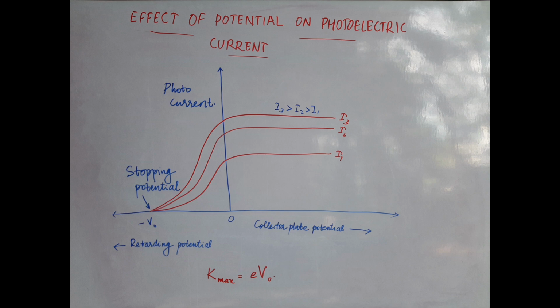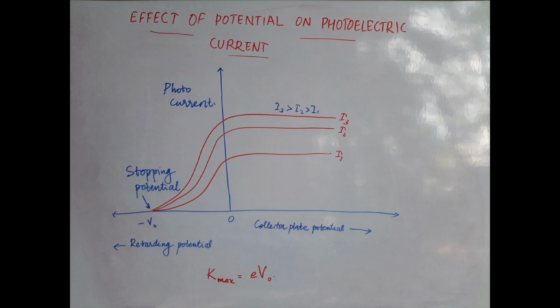That means this negative potential opposes the photocurrent, so the electrons reaching the plate decrease due to the repulsion of this negative polarity.